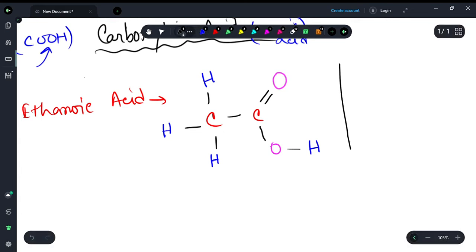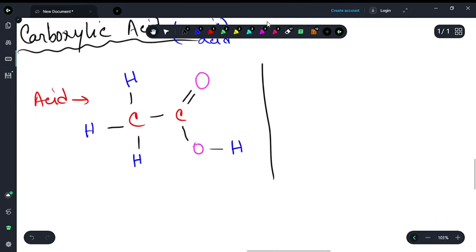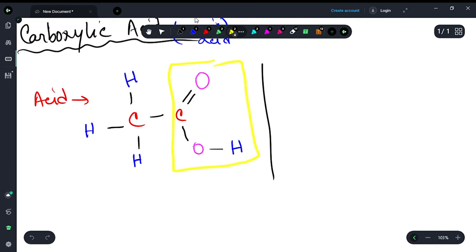And now in naming, this part is the COOH part. So we are not gonna write it first, we're just gonna write this one first. So what do you see here?